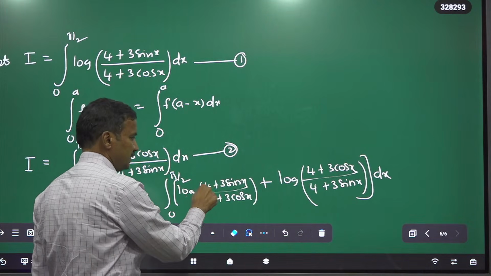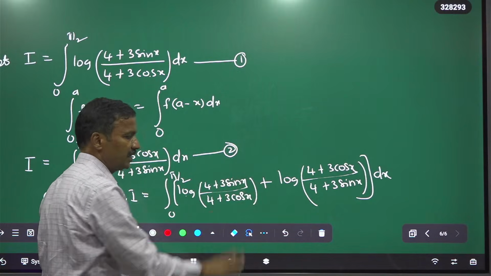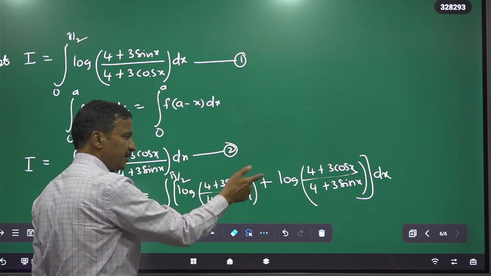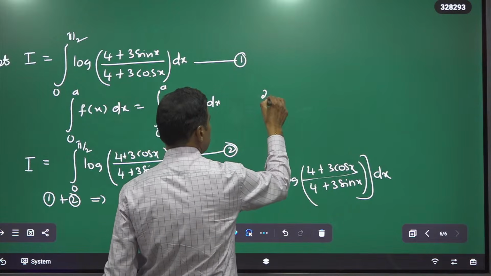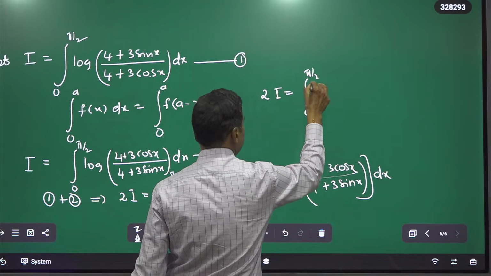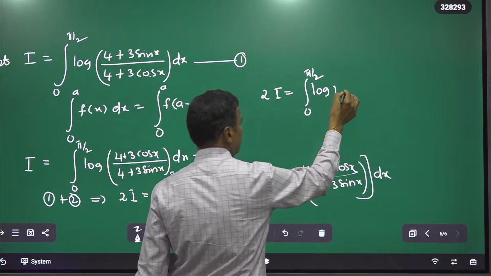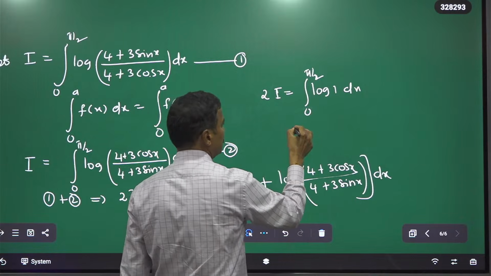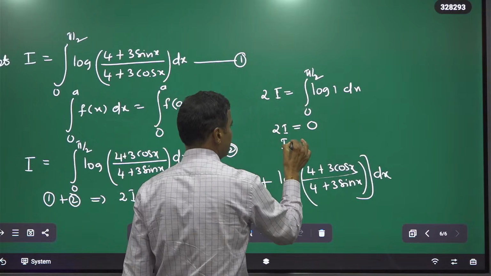If a by b is in the form of b by a, they get cancelled, so the product of these two terms is equal to 1, and we get log 1. Therefore 2I is equal to integral of 0 to pi by 2 of log 1 dx, and we know that log 1 to any base is 0, so it becomes 0. 2I is equal to 0, then I is 0.